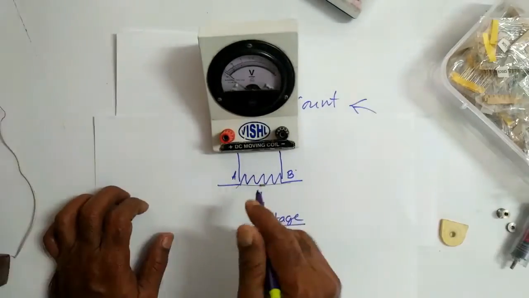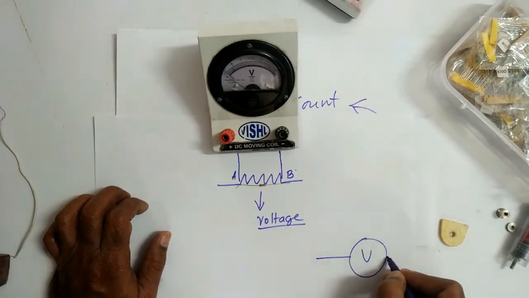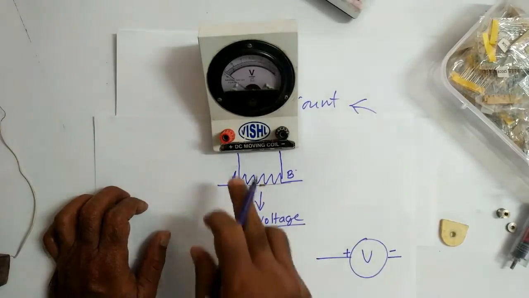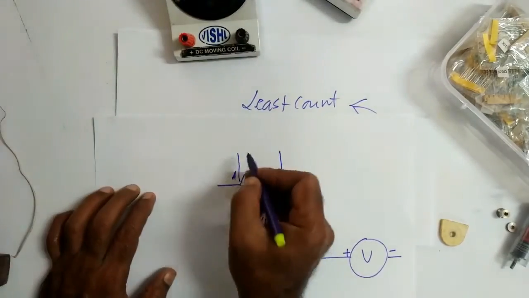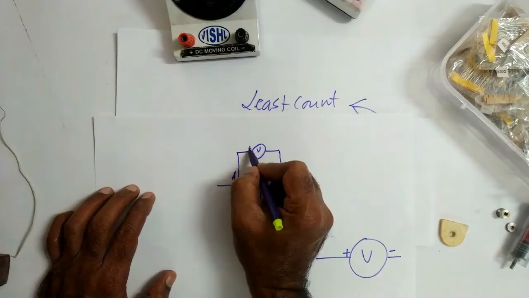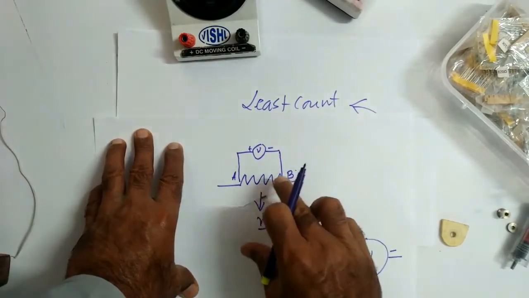Which means, let me write a symbol of voltmeter. This is the symbol of voltmeter. Plus and minus, this has got plus and minus. So I have to connect a voltmeter here. Let's say this is plus and this is minus. This much you have to understand.